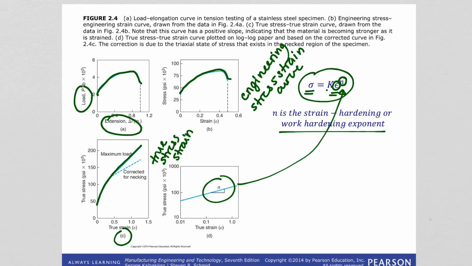We learned that. This strain hardening exponent gives us information about the strain hardening capacity of the material. If the slope is higher, that means N is bigger, right? If N is bigger, that means it will get stronger and harder as it deforms.